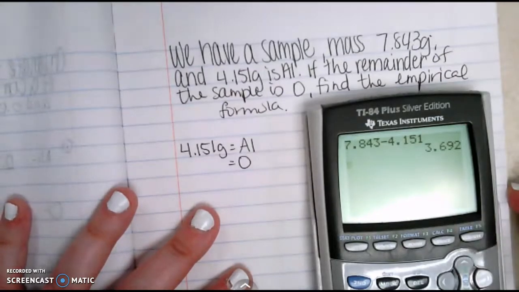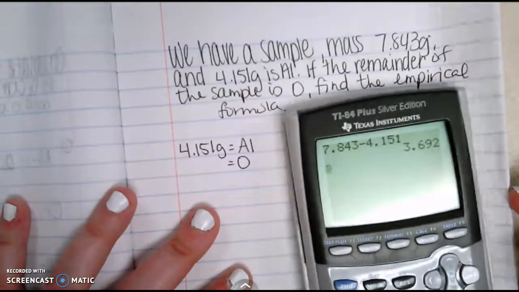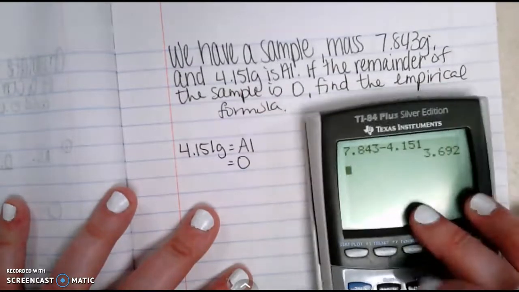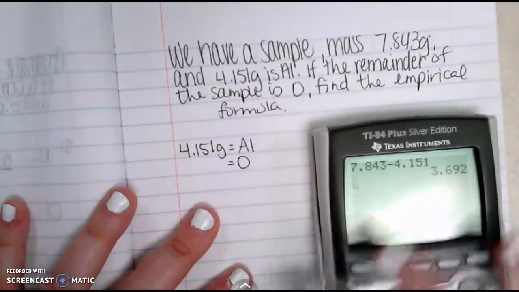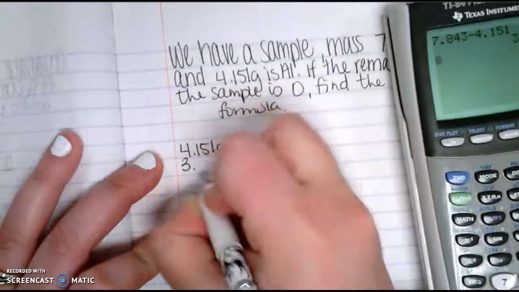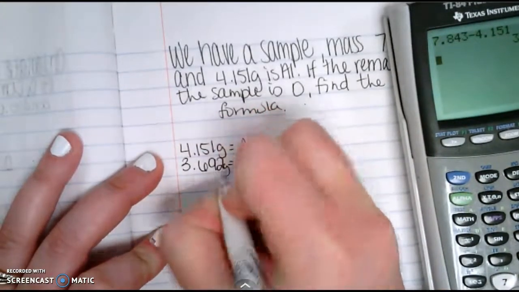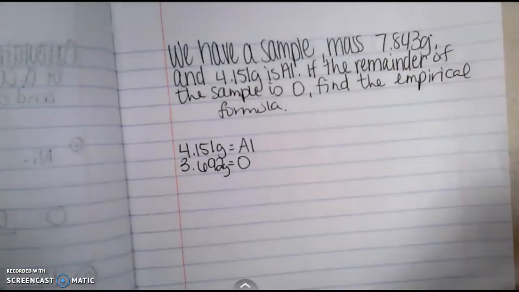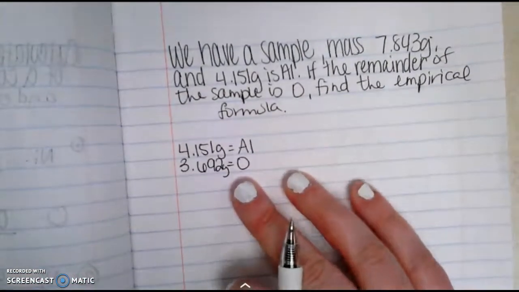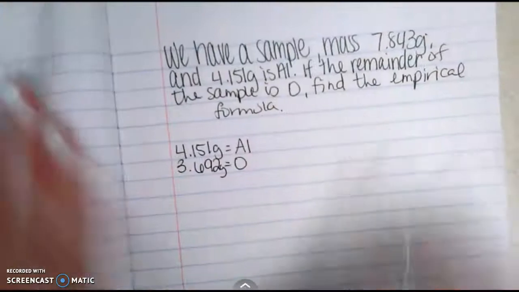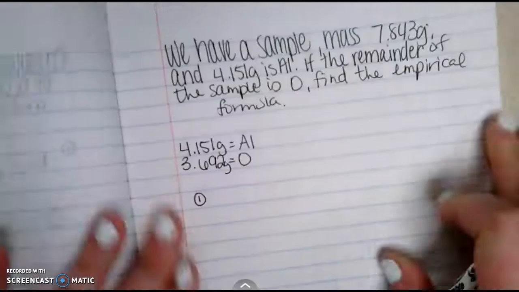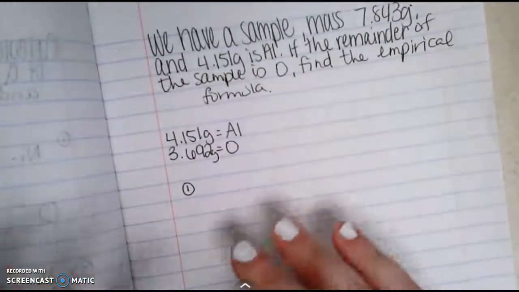Oh, that's why that's wrong. Sorry, I was looking at my notes and I didn't get the same answer. It's because the math in my notes is wrong. So 3.692 grams is our oxygen mass. Our first step is that we need to convert these over to moles.